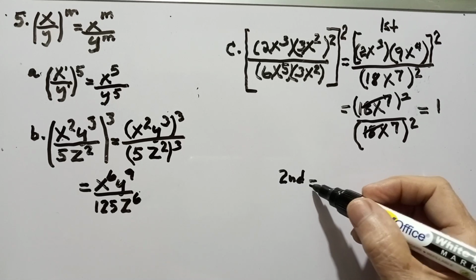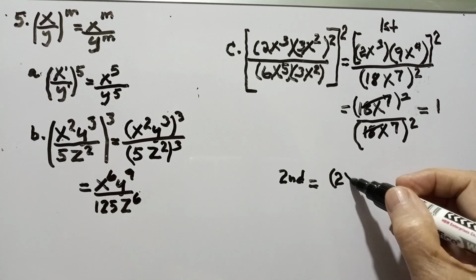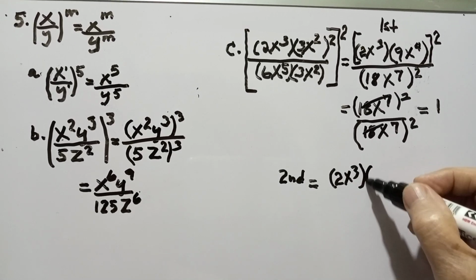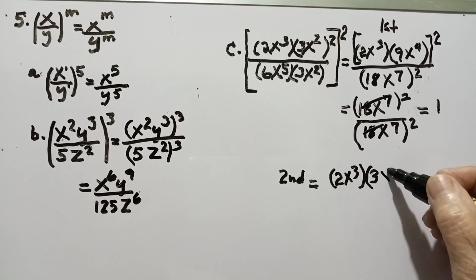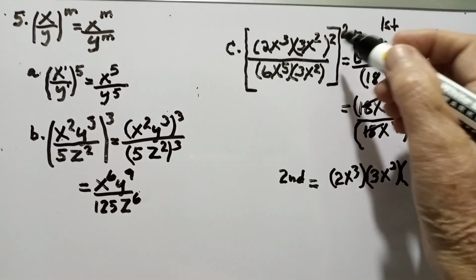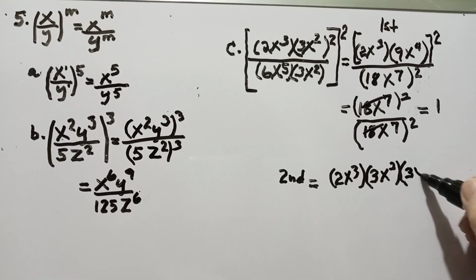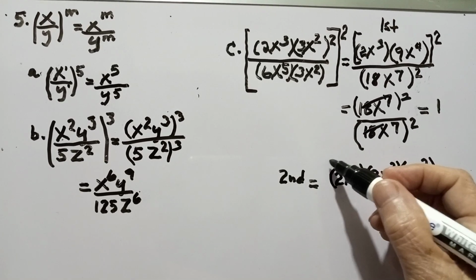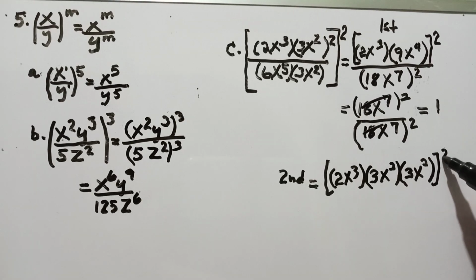So that would be 2x cubed times, factor this one, you have 3x squared times, because you have their square, so we have to factor that, 3x squared, and then bracket square.